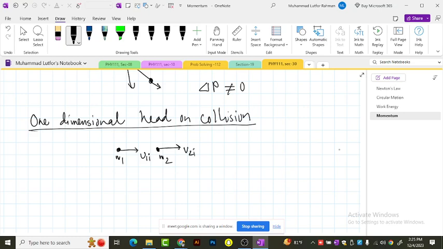This is before the collision, and after the collision, we have M1 with V1F, and M2 with V2F, right? So this is after the collision.